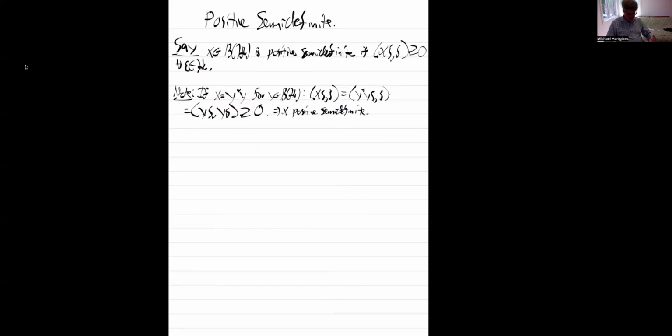And in fact, you will see later that x is going to be positive semidefinite if and only if x is y star y for some y in B of H. You will develop the tools to prove that later, but perhaps I will end with an example.